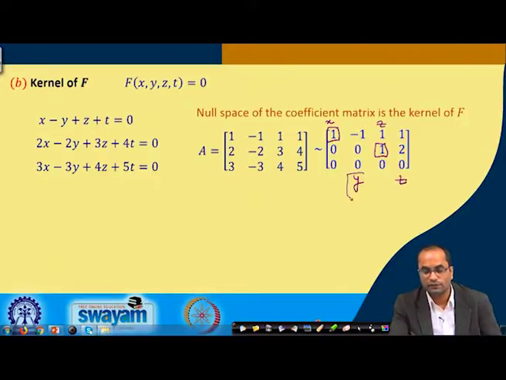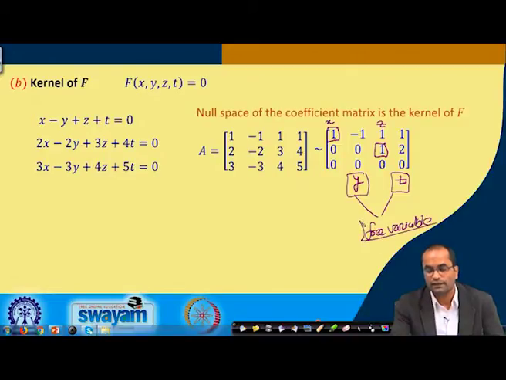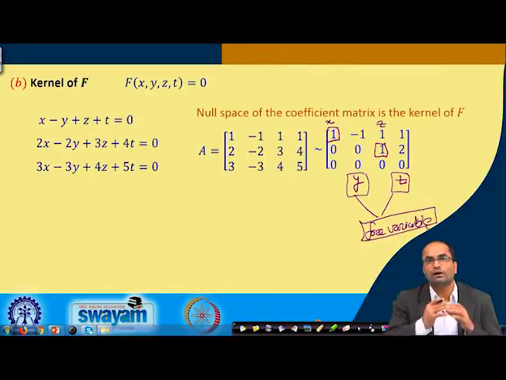The columns where we do not have a pivot are the free variables. There are two free variables, and that defines exactly the nullity, the dimension of the null space, which is 2 here.